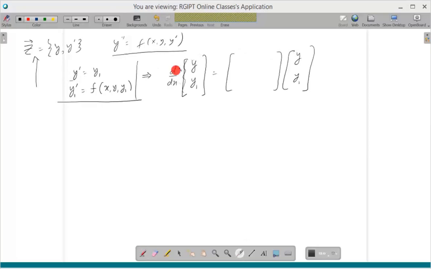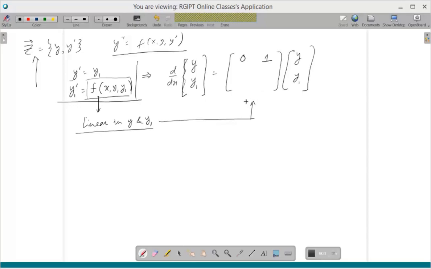If you look at the first row, dy by dx equals 0 into y plus 1 into y1. The first row is 0 and 1. For the second row, as long as it is linear in y and y1, that is the case we are going to treat. Otherwise I am not able to write this in matrix form.